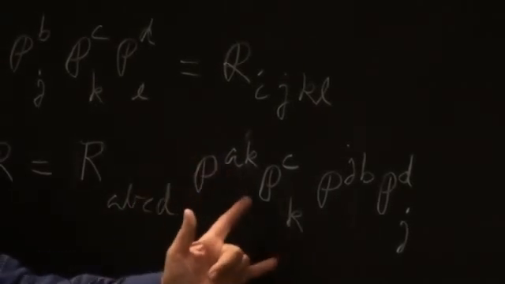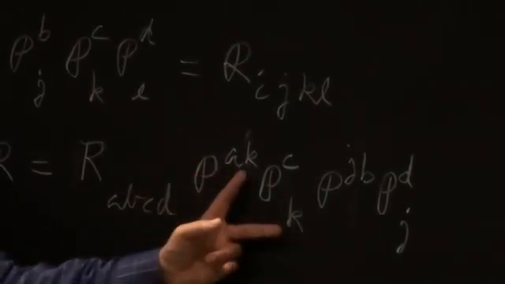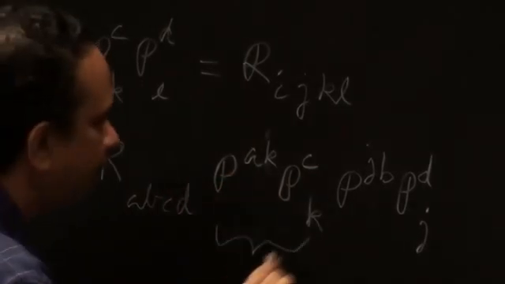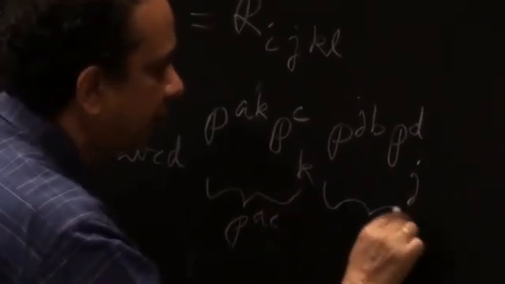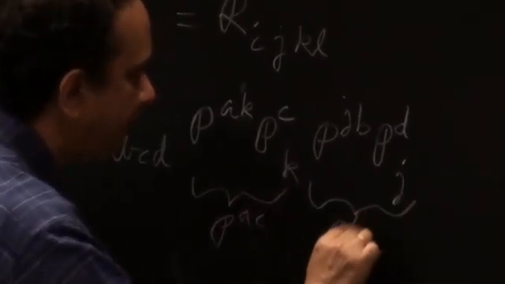Yeah. Now, these are projection tensors. So, if I just contract two projection tensors, I get back another projection tensor. So, this is just P_AC, and this is just going to be P_BD. Okay.